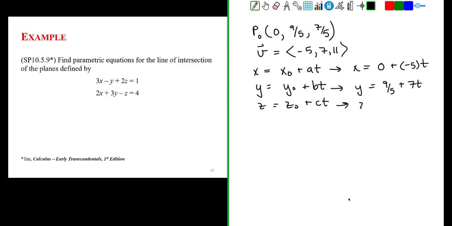And for z, we have z equals z0, which is 7/5, plus ct, plus 11t. So to write this all out, we have a parametric set of equations given by x equals -5t, y is equal to 9/5 plus 7t, and z is equal to 7/5 plus 11t.